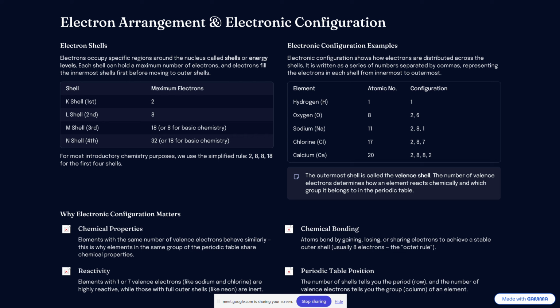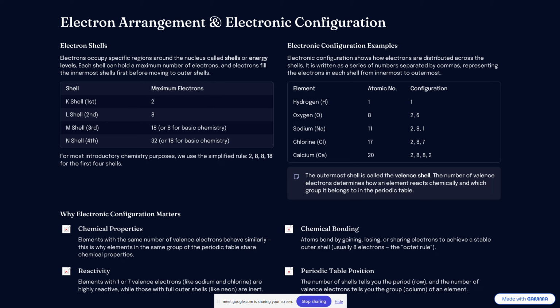So, electron arrangements and electron configuration. All these atoms we'll be talking about, electrons are arranged into their shells. For example, oxygen 8. The proton number is 8, which implies that the electron number is also 8.